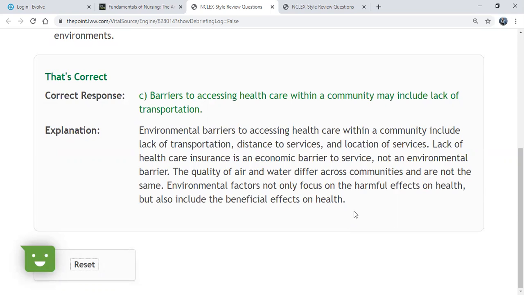We knew that, right? Because it's not the same in the country. If you go to LA or if you go in the country, the quality of the air and water is totally different. Environmental factors not only focus on harmful effects on health, but also beneficial effects on health.